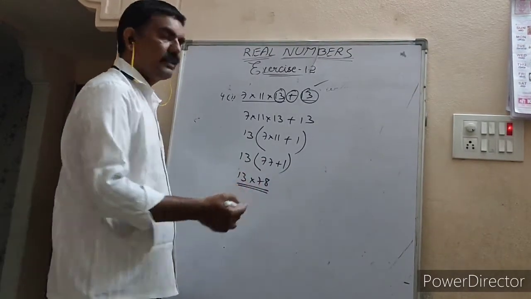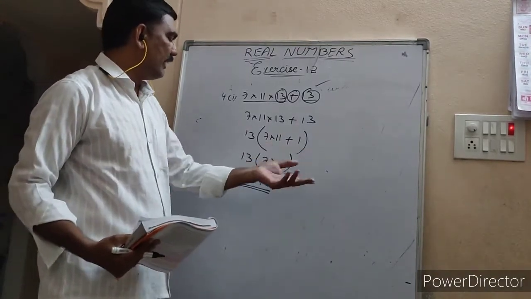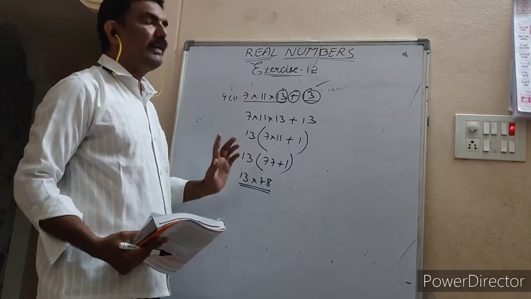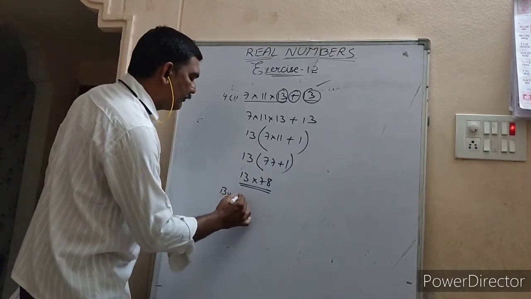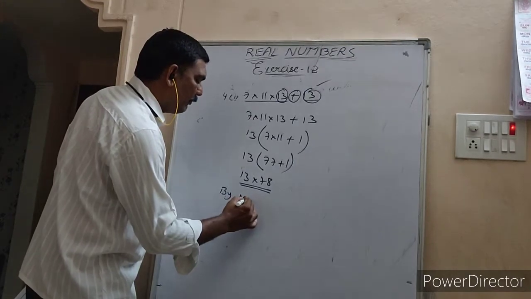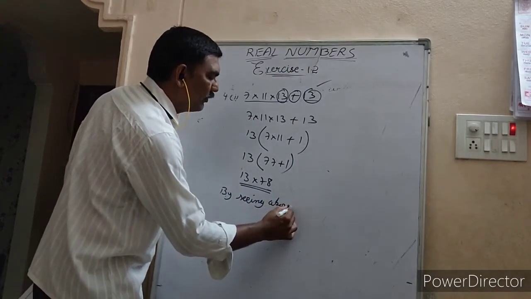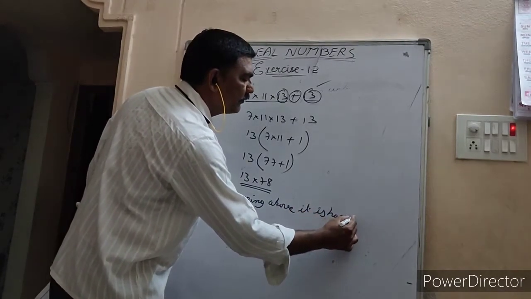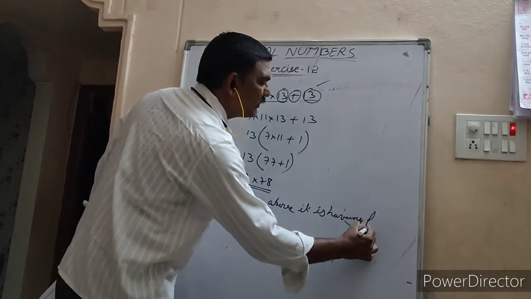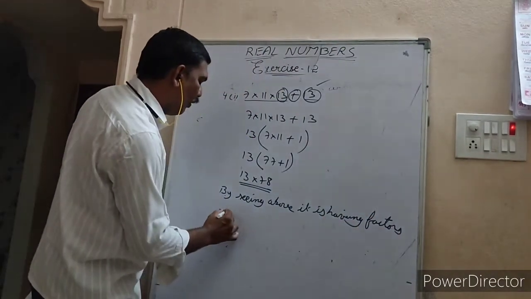Product of 2 numbers means if you multiply these 2, you will get 1 number, that is a factor. 13 is a factor, 78 is a factor. So by seeing the above problem, it has factors more than 2.